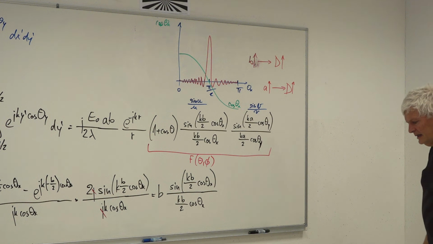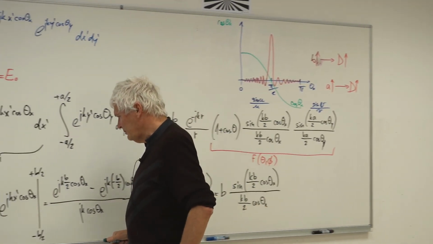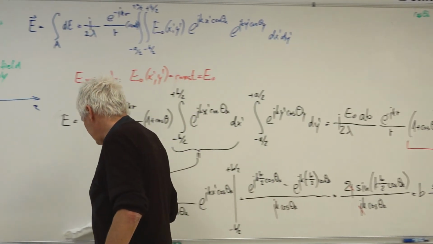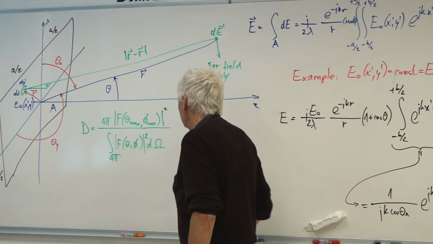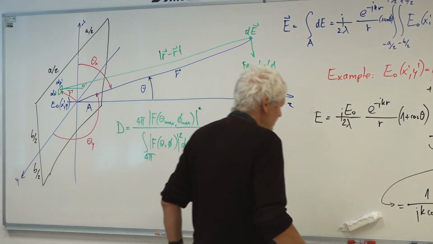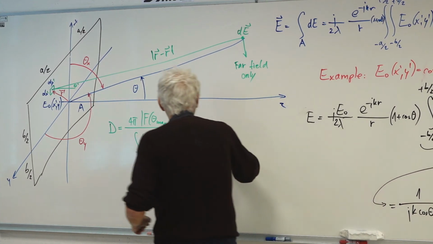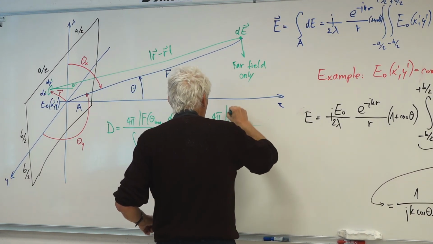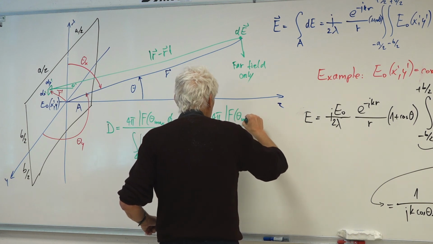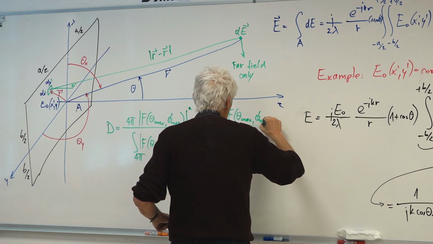But we could think of this thing in a slightly different way. So how about having on top the same 4 pi f of theta maximum, phi maximum? That's easy to compute.